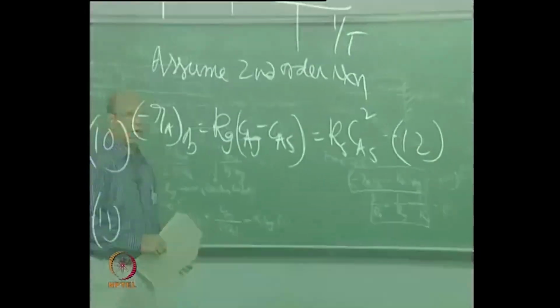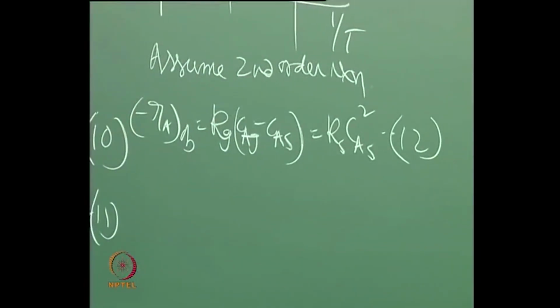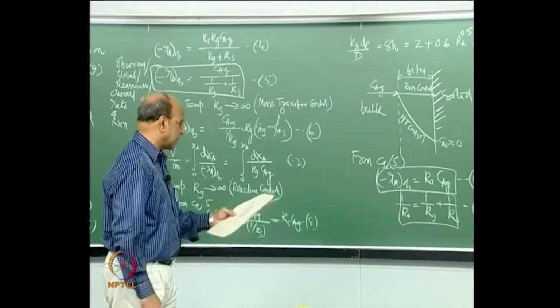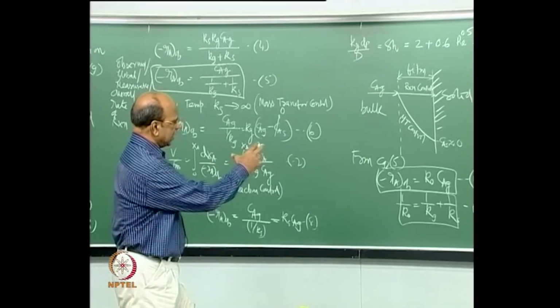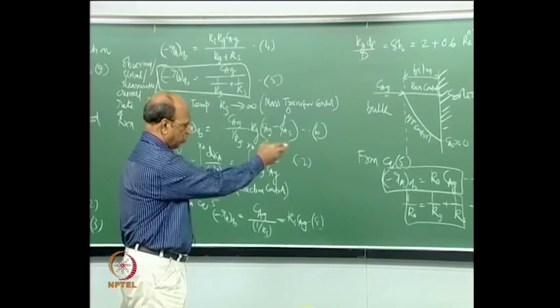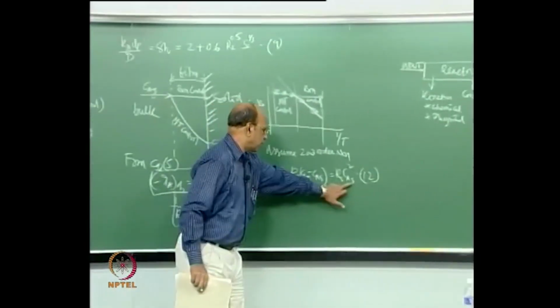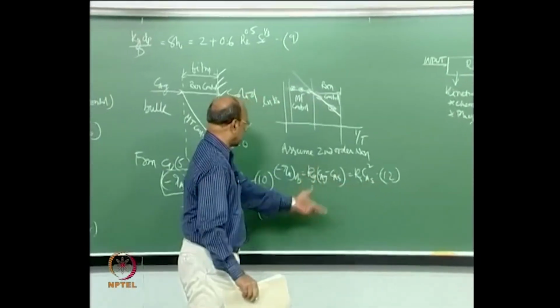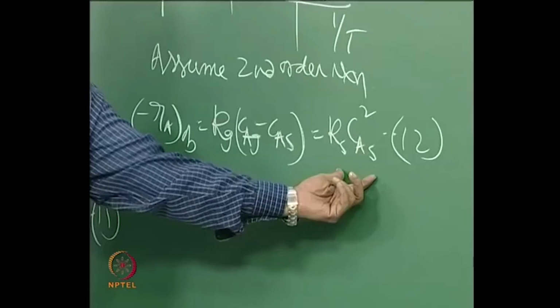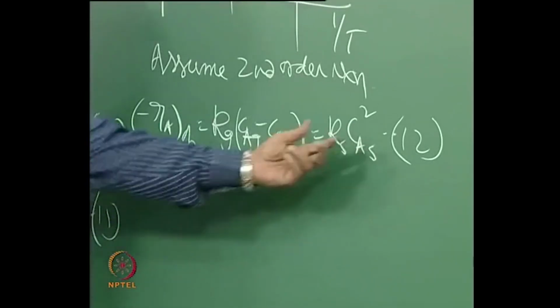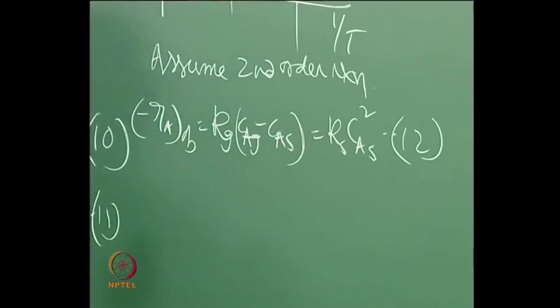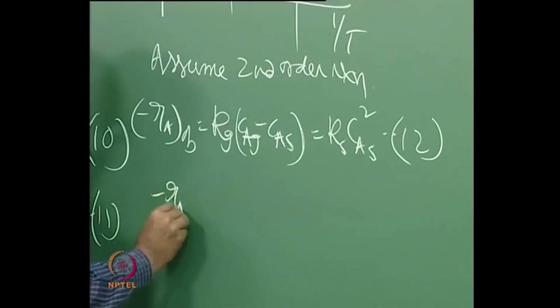Correct, no? I will give this to you as an exercise. If you solve it, first you get C As, and that C As you can substitute in either one of the equations.